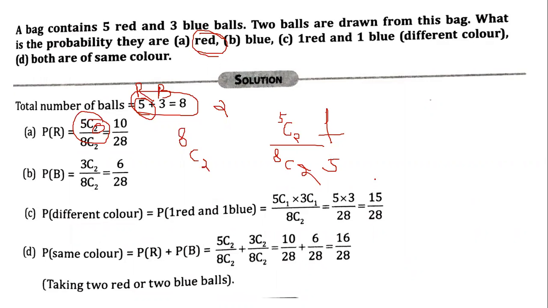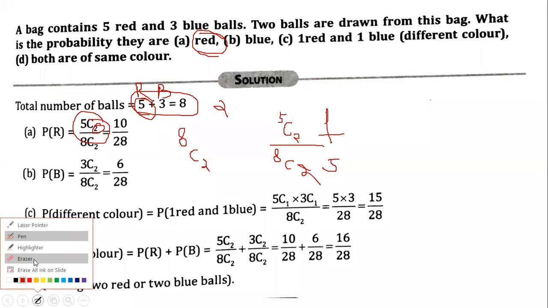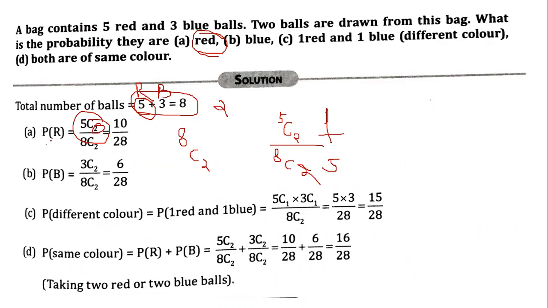We are not deviating from the probability formula. We are making sure the probability formula is followed, but then that probability formula will be followed in every situation. So that is the first one, the probability of getting the red ball.